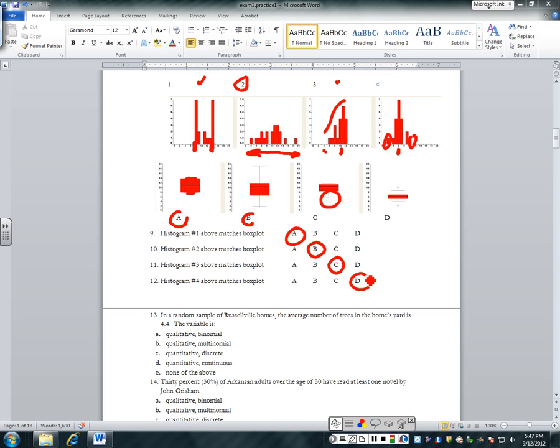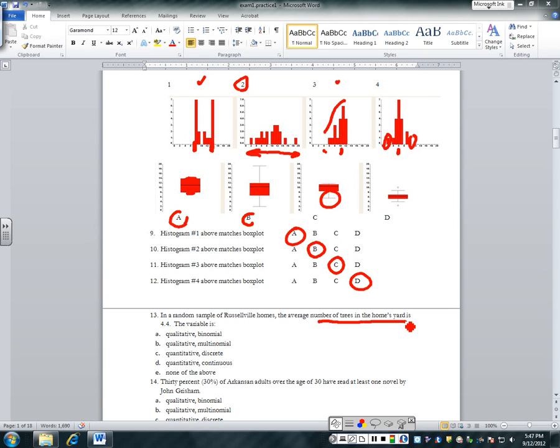Okay, moving down here to number 13. In a random sample of Russellville homes, the average number of trees in the home's yard is 4.4. The variable is number of trees in the yard. Be careful on this one.